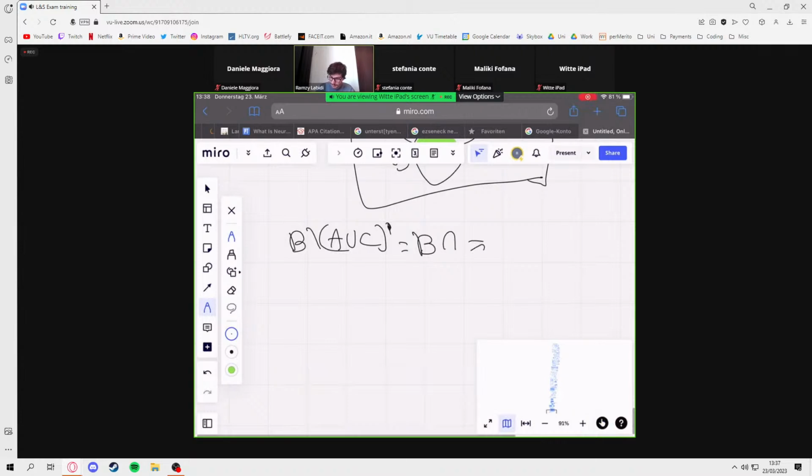Because B excluding what's inside the complement of A union C is equal to B intersects with A union C complement the complement. And therefore, this by definition will become like this.